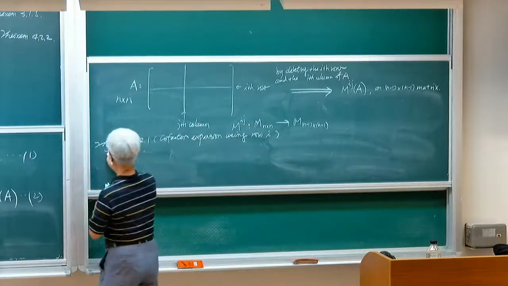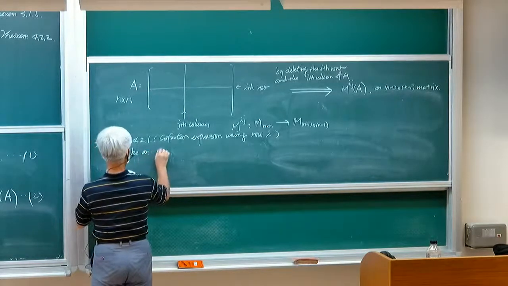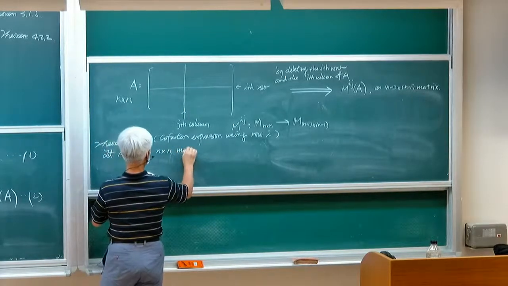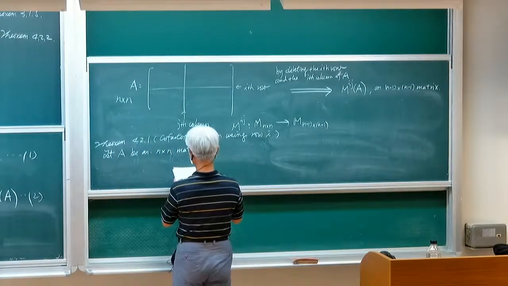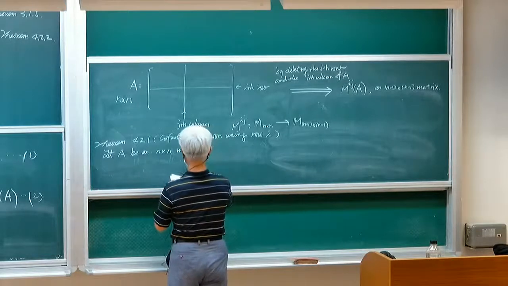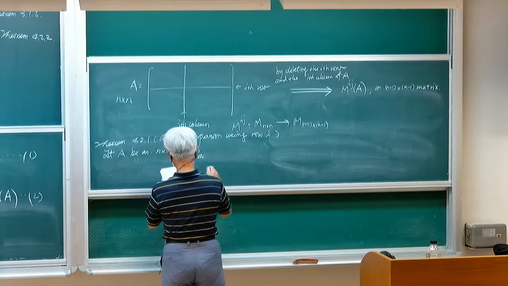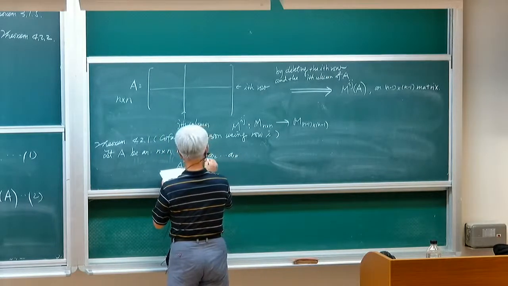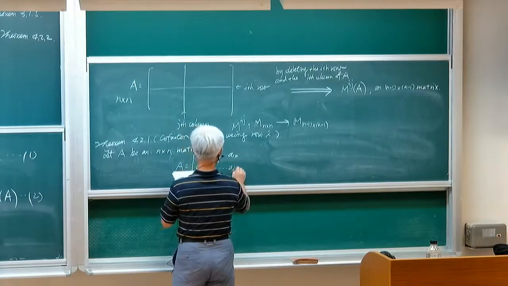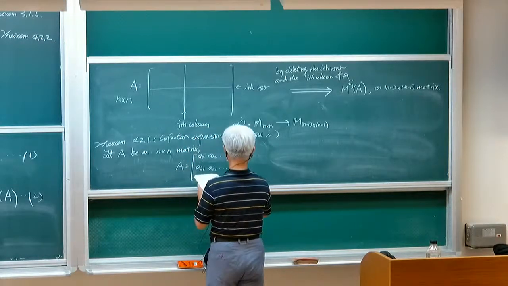So let A be an n times n matrix. Here A has entries A11, A12, ..., A1n, Ai1, Ai2, ..., Ain, An1, An2, ..., Ann.